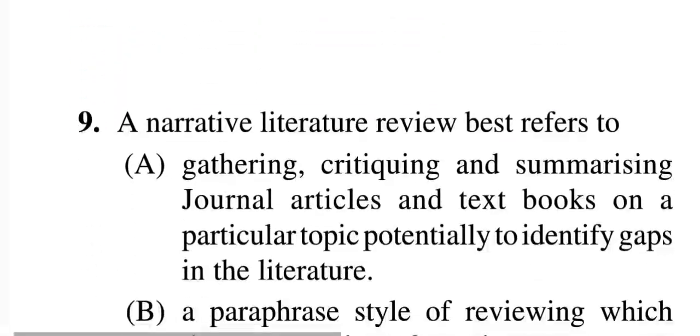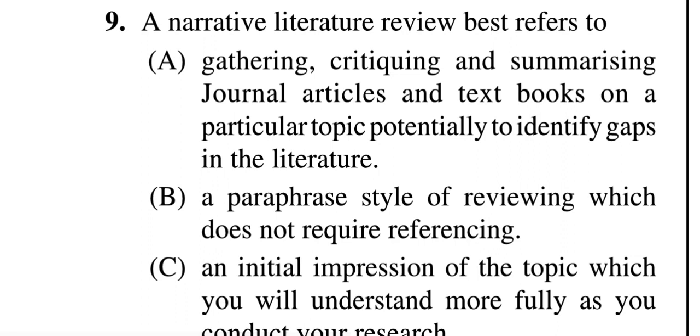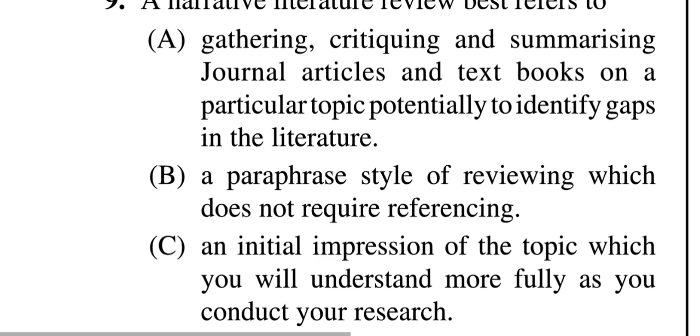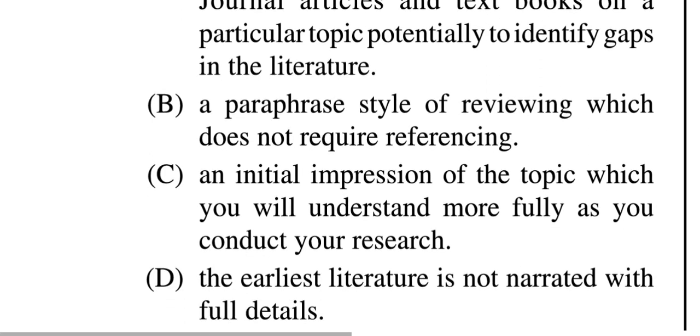Number 9, it says a narrative literature review best refers to what? A, gathering, critiquing and summarizing journal articles and textbooks on a particular topic potentially to identify gaps in the literature. B, a paraphrase style of reviewing which does not require referencing.